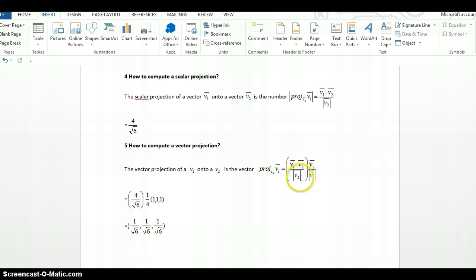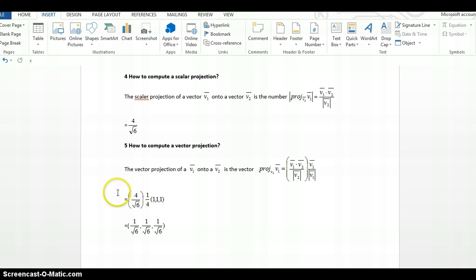This is how it is done. First, you do the dot product between the two vectors and divide by the modulus of the second vector, then multiply by the vector v1 divided by its modulus.